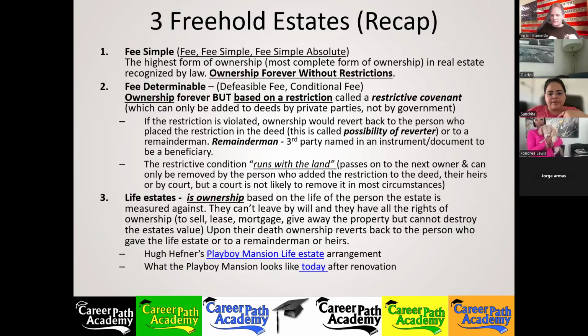Yes, because I'm giving you a life estate. It's based on your life. Okay. So when you die, you can't leave it to your kids or anybody else in your will, because I only gave you ownership for as long as you're alive, not after you die. After you die, it comes back to me. And if I'm dead, it goes to my heirs, not yours. Got it. Okay. Thanks.